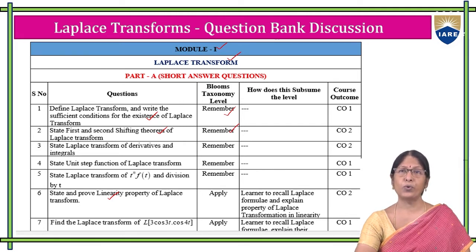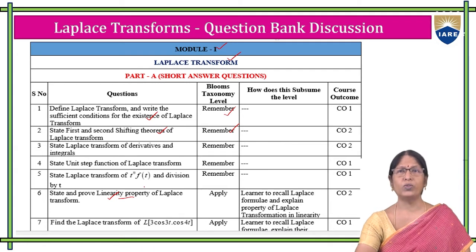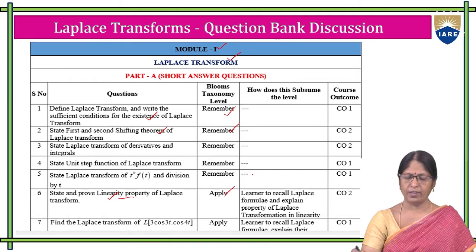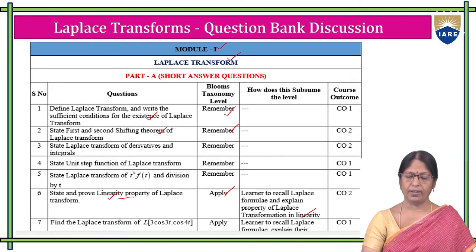Then we have to prove the linearity property. So along with the defined statement of linearity, we will prove the theorem. That is, the linearity property will be proved. So apply. Here also we can see the steps we have done: recalling, and explaining the linearity property of Laplace transform.